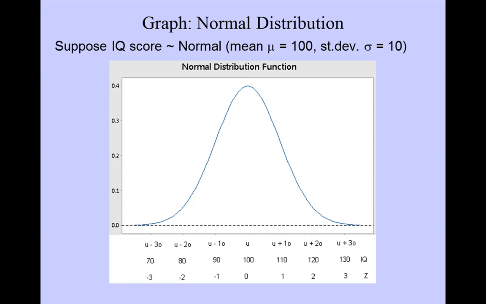The first value to the right of the middle is mu plus 1 sigma, or 100 plus 1 times 10, which is 110 on the IQ scale, or 1.00 on the z-scale. The second value to the right of the center is mu plus 2 sigma, or 100 plus 2 times 10, which is 120 on the IQ scale, or 2.00 on the z-scale.